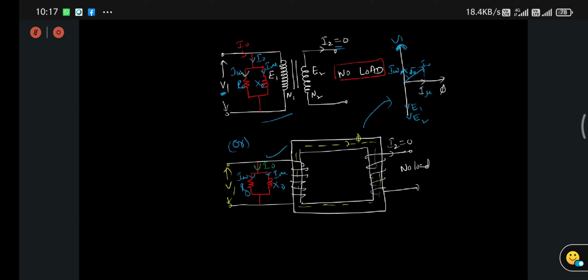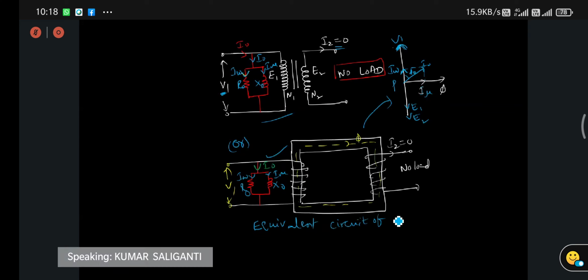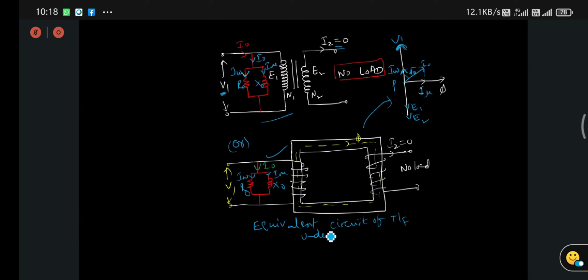This is the no load phasor diagram, and this is the equivalent circuit of the transformer under no load condition.